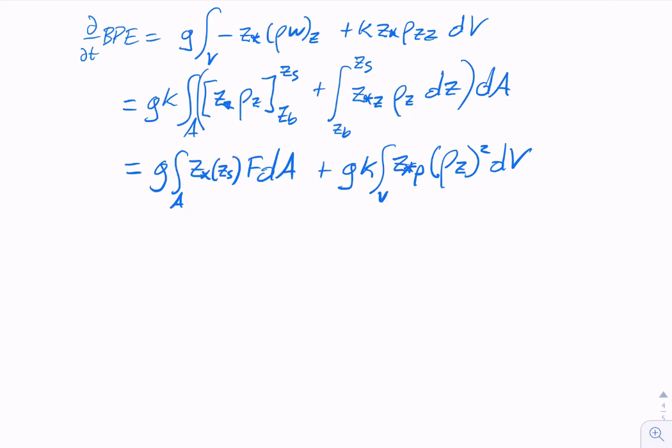The latter term here is positive definite, and it's the rate at which energy is lost from APE to BPE by irreversible mixing, as discussed extensively in Winters et al. 95. The first term is discussed in detail by Hughes et al. in 2009. It represents the creation of APE from surface buoyancy fluxes.